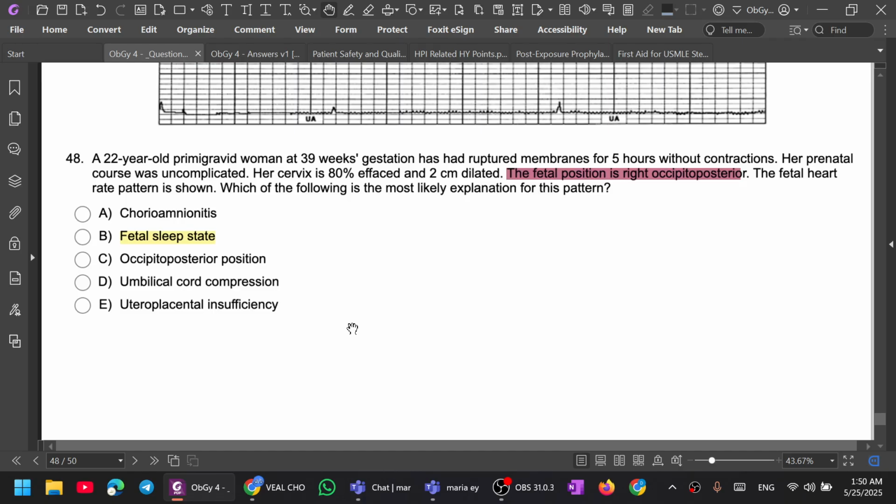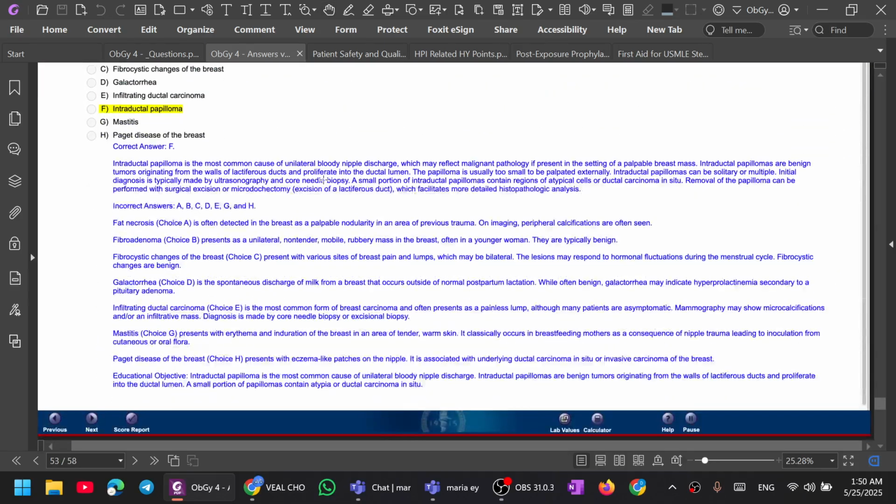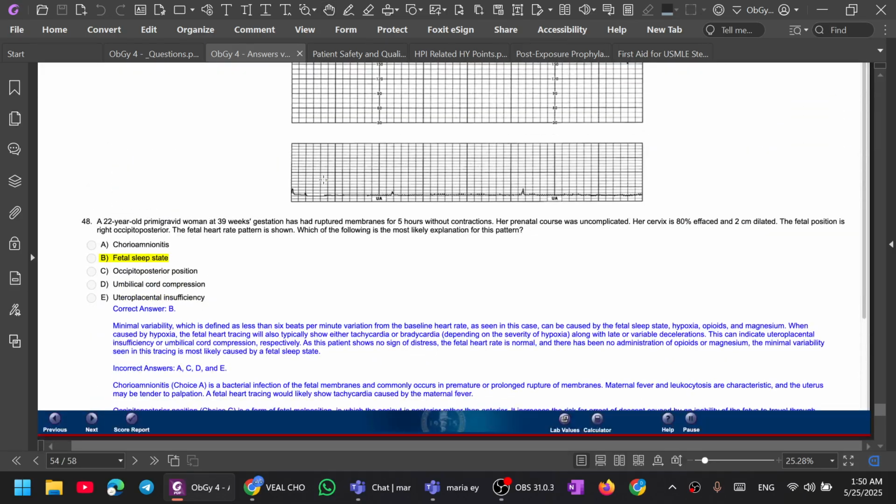Okay, I guess sleeping. Fetal position right occiput posterior. Okay, fine, I'll go with sleeping.